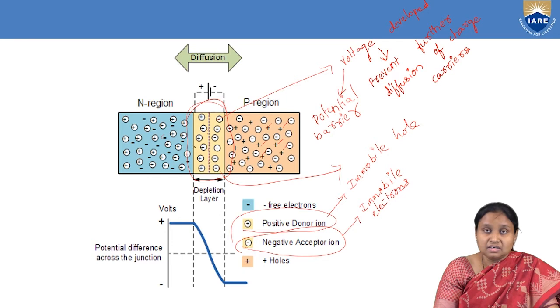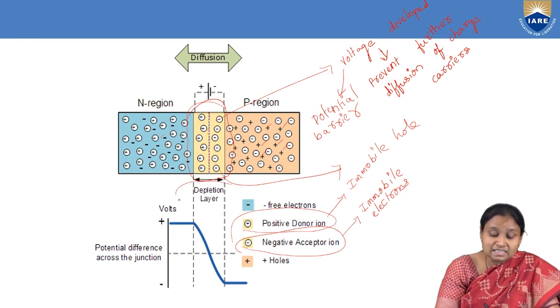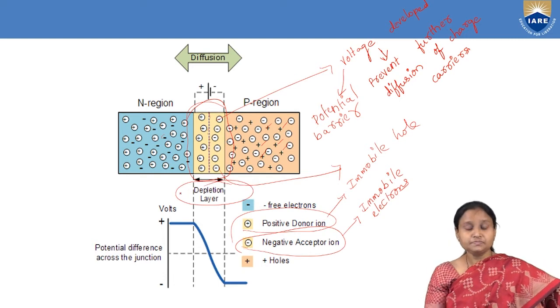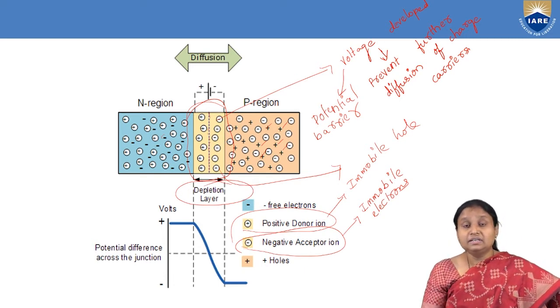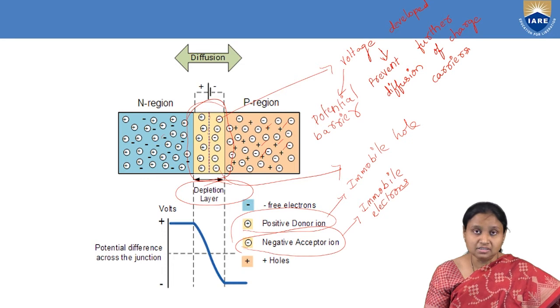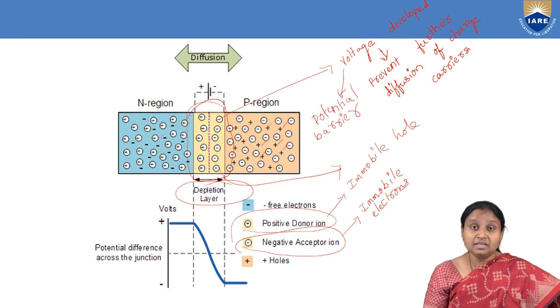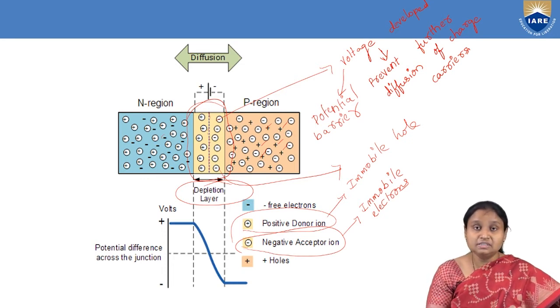And this particular region where we have immobile charge carriers is called the depletion layer. And why is it called the depletion layer? Because this layer is depleted of mobile charge carriers.